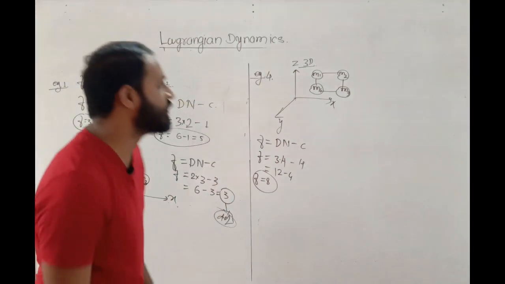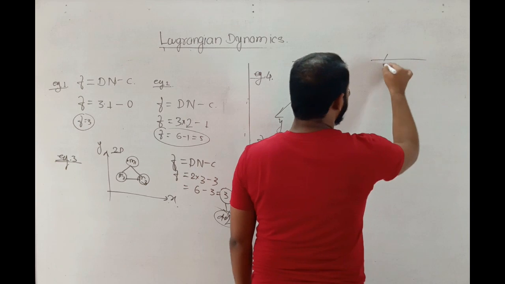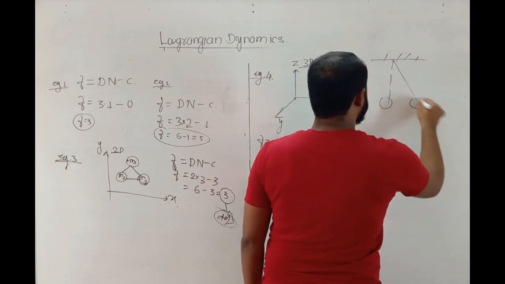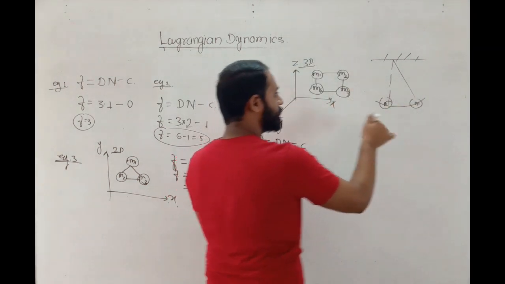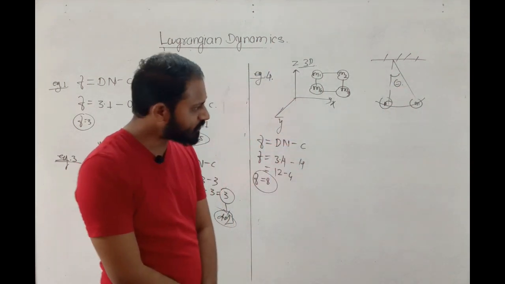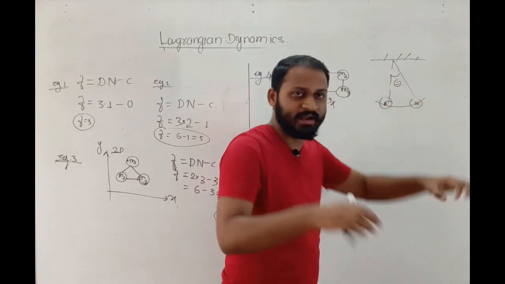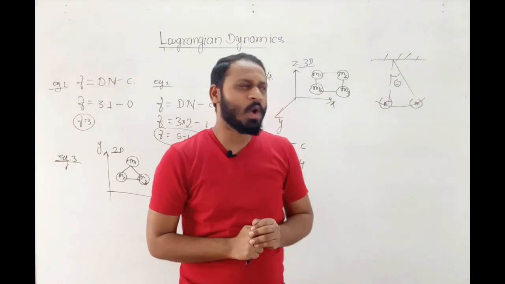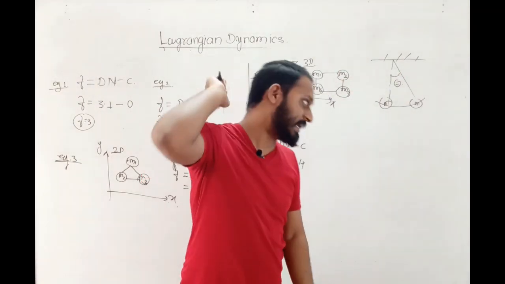Short trick, keep it in mind. You have to solve such questions like this. Now see, we will take the example of a simple pendulum. This is the mass m moving like this, and this is the variable theta. To describe the motion of that particle m, you require only one variable, that is theta.